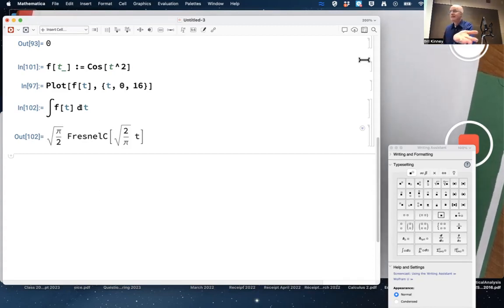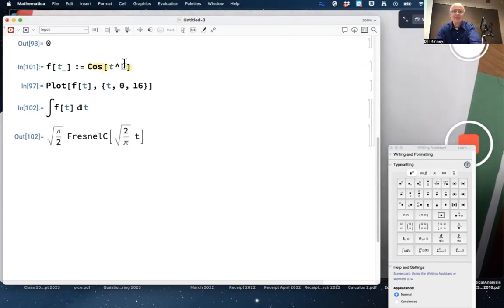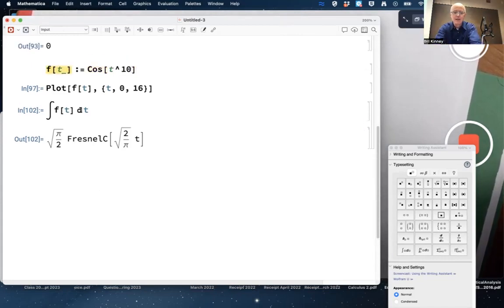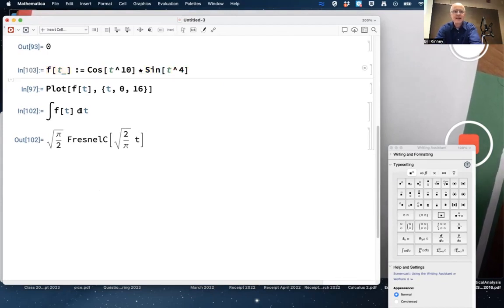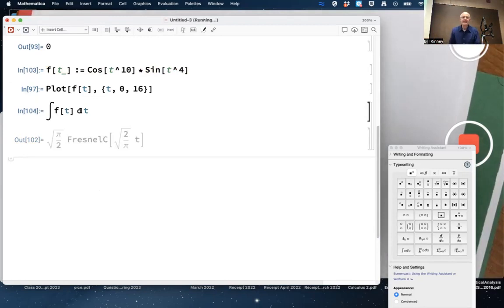Evidently, if this got somebody's name attached to it, it must be important. Could I find a function who doesn't have anybody's name attached to it? Well, maybe if I come up with something crazy enough here. Cosine of t to the 10th times sine of t to the 4th. Mathematica, what's the answer? Thinking. Probably nobody has a name for it, and so Mathematica doesn't know what to write.